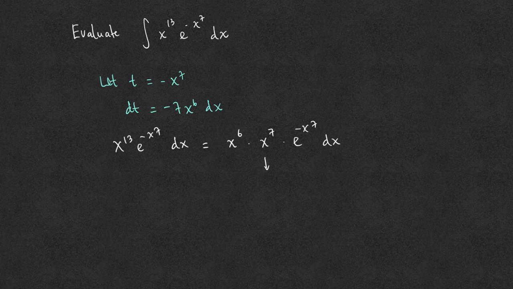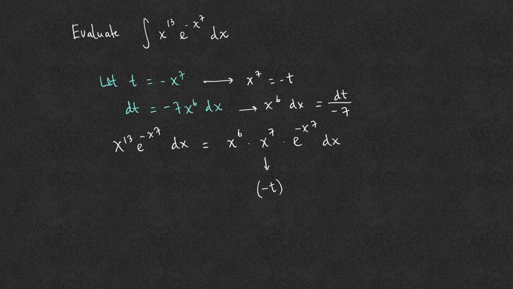x to the 7 is negative t. So we substitute x to the 7 with negative t. x to the 6 dx is dt over negative 7.